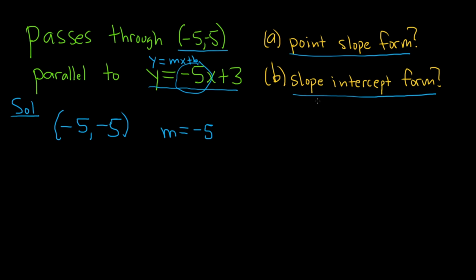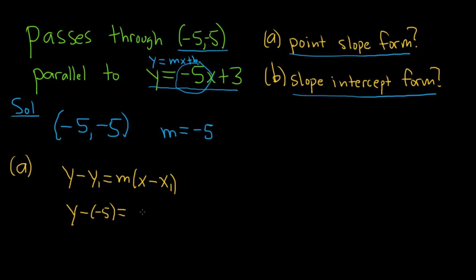So let's go ahead and do part A. Part A wants point-slope form. So let's write down the formula: y minus y1 equals m times (x minus x1). Now we just plug in the numbers. So it'd be y minus -5, or just y plus 5.